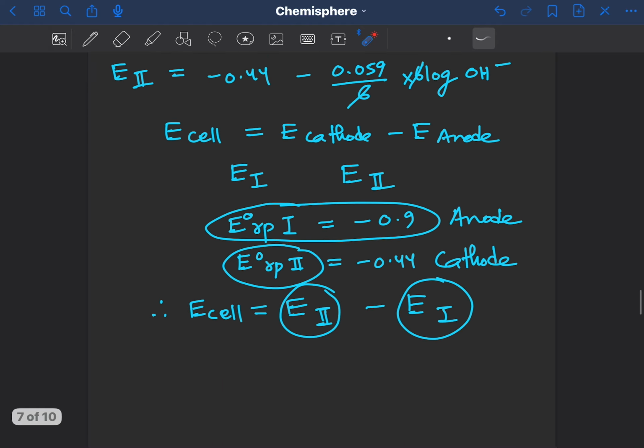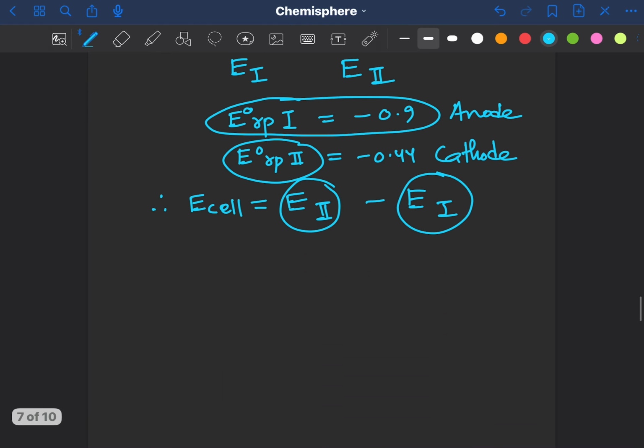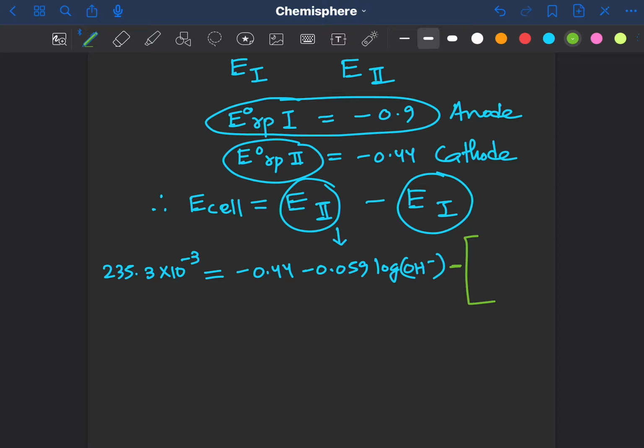When we substitute them we get an equation: 235.3 into 10 power minus 3 is equal to minus 0.44 minus 0.059 log of OH minus, this is E2, minus of, let's substitute the value of E1, that is minus 0.9 minus 0.059 by 2 into 3 log of OH minus plus 0.059 by 2.